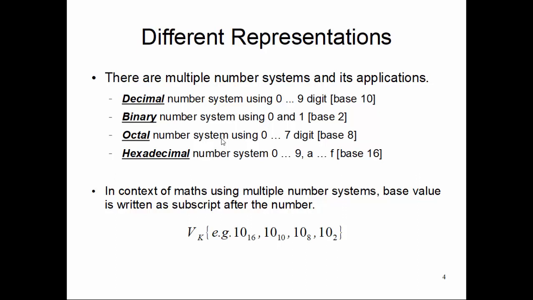In fact, we can derive as many number systems as we want. These are the more known, popular number systems. We can make up our own custom number system, and the symbols may not be just 0, 1, 2, 3. You can use anything as a symbol, like alpha, beta, gamma, theta, hieroglyphics, anything you can think of.